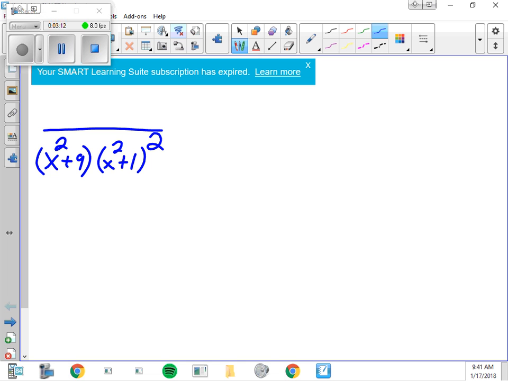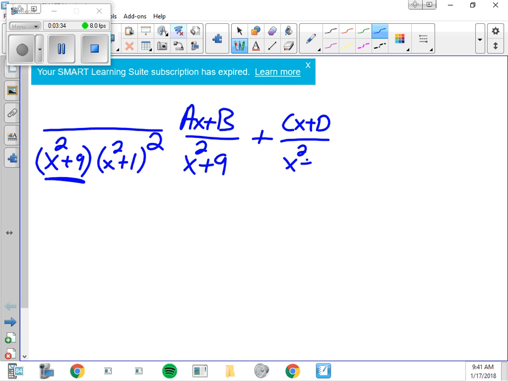But this factor is quadratic, which means that the numerator has to be linear. So instead of just A over (x squared + 9), it's actually Ax + B over (x squared + 9). And the next one will be Cx + D over (x squared + 1). And then the next one would be Ex + F over (x squared + 1) squared.